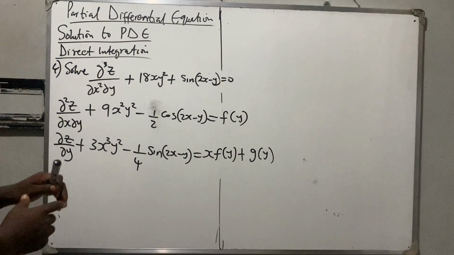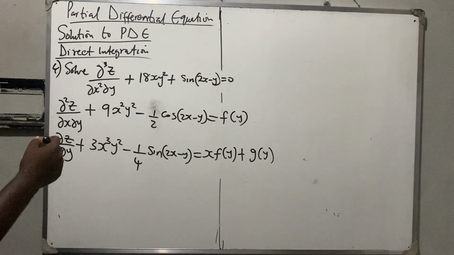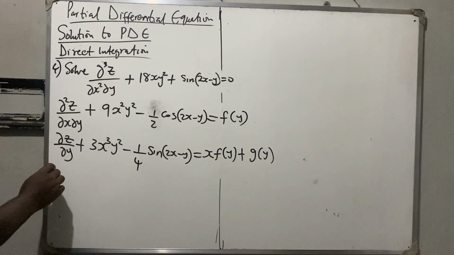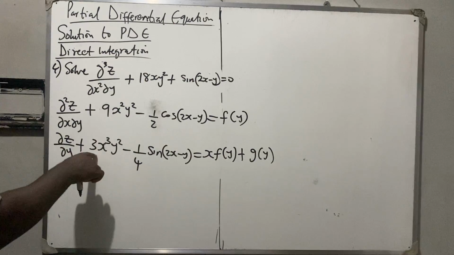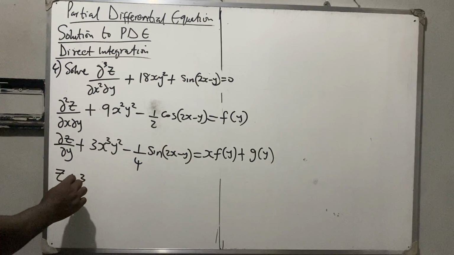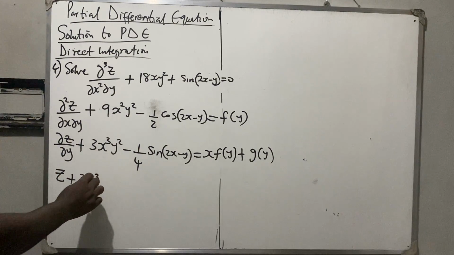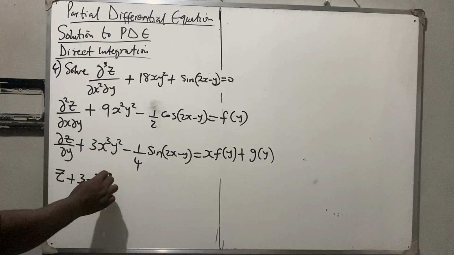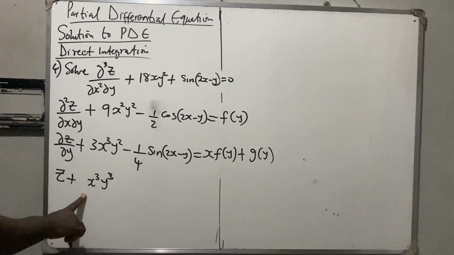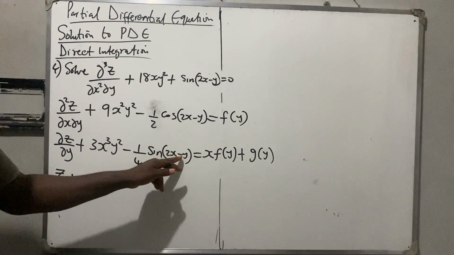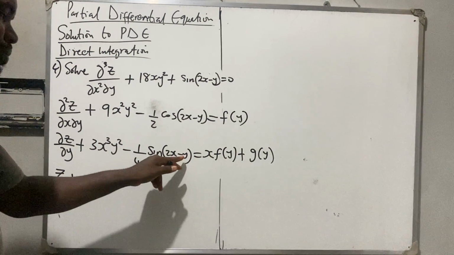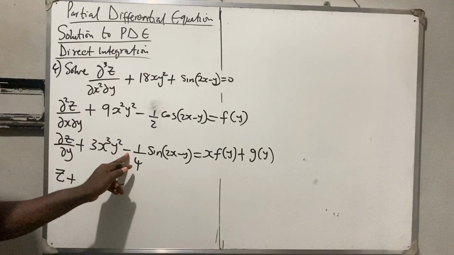So now let us integrate with respect to y. This is gone. I'm having z remaining here. Add 1 to the power, divide by the new power. So it gives us 3 over 3 x cube y cube, and 3 over 3 is gone, so I'm left with x cube y cube minus, differentiate here, it will give you minus 1, so bring it here to make it plus.